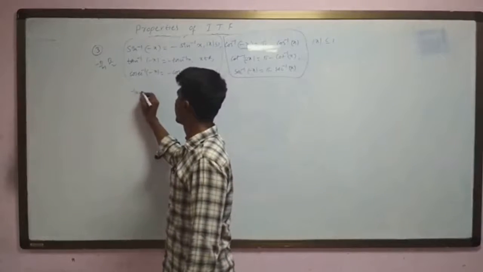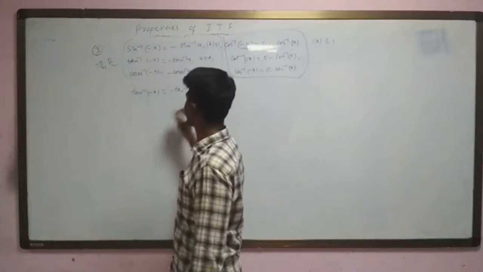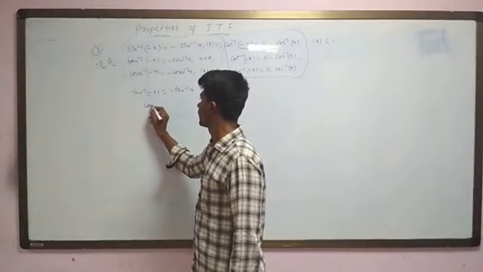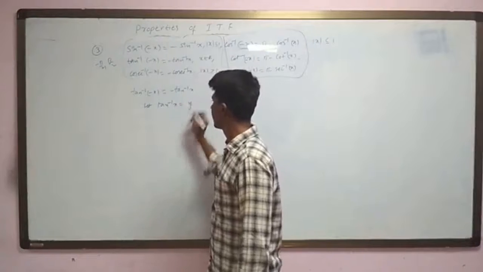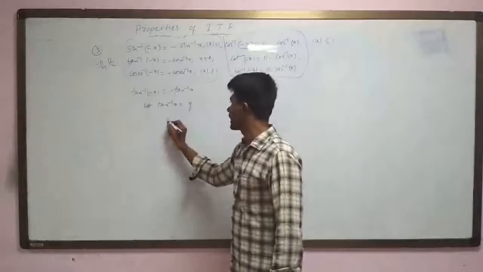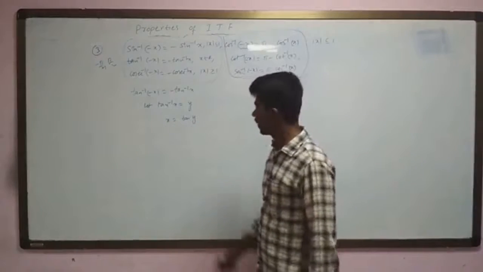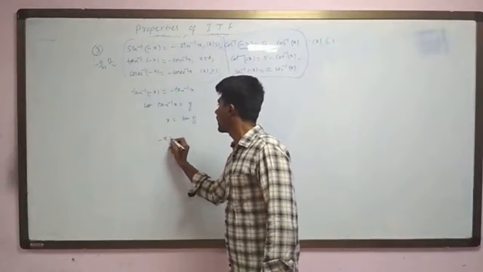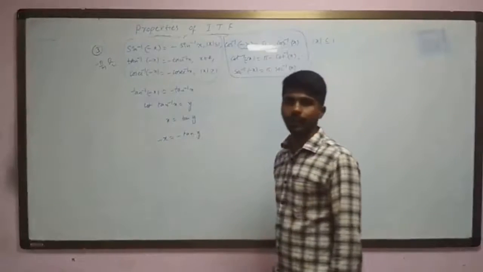See, tan inverse of minus x. I am doing the second one. Tan inverse of minus x is equal to minus tan inverse x. To prove this, let tan inverse x be some variable y. Then x is equal to tan y. I don't want x, I want minus x. So minus x is equal to minus tan y.